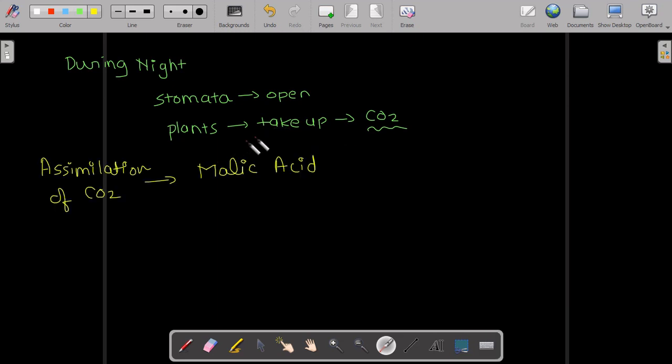So during night these plants take up CO2 and they assimilate CO2, and the assimilation of CO2 results in the formation of malic acid. So in the night the plants are assimilating CO2 and producing malic acid, and this malic acid which is being produced is stored into a vacuole.